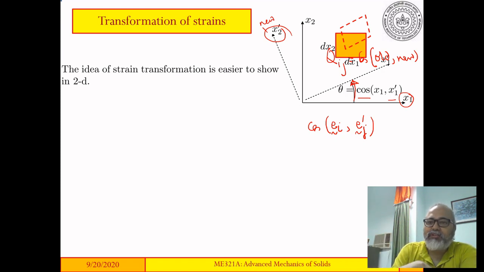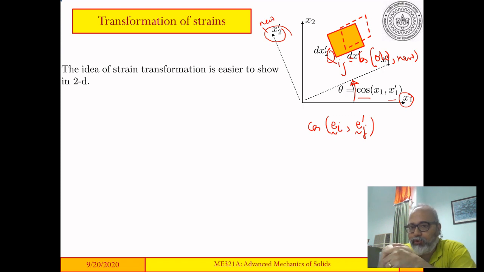So this is the pillbox that I'm going to use, whose edges are now oriented parallel to the x1 prime and x2 prime directions, and the deformed shape of course remains the same. So the geometric connection between this rectangle and the quadrilateral that results after deformation gives me the transformed strains in the x1 prime, x2 prime direction.